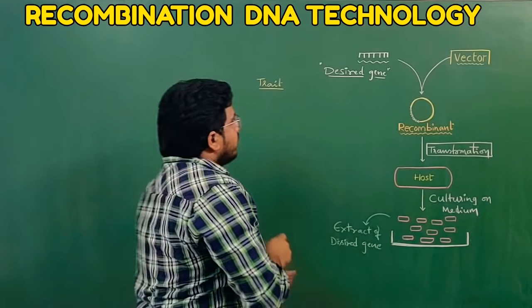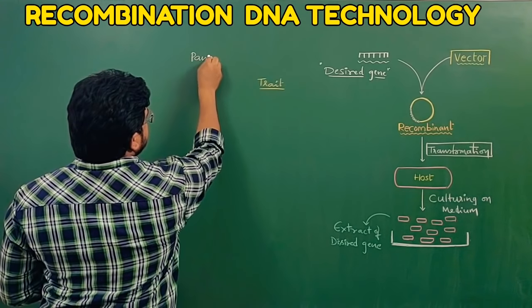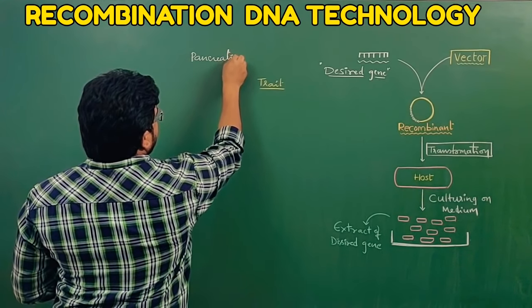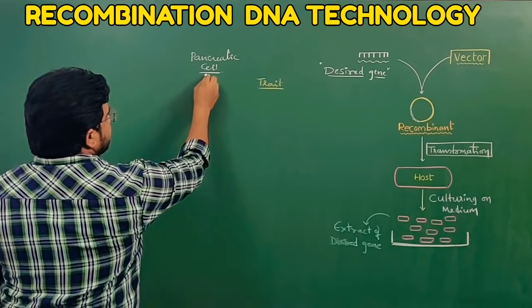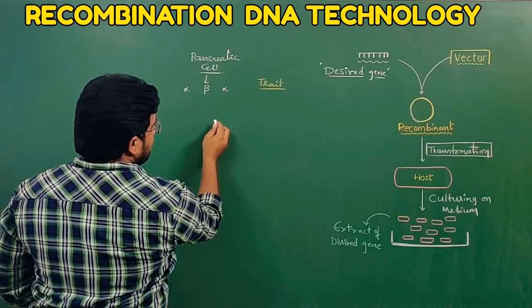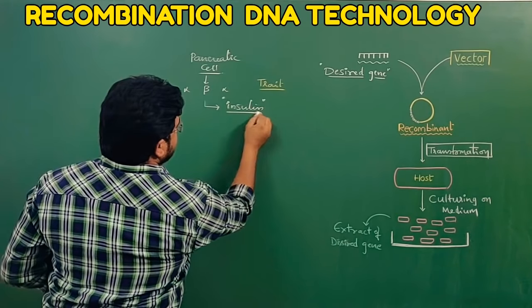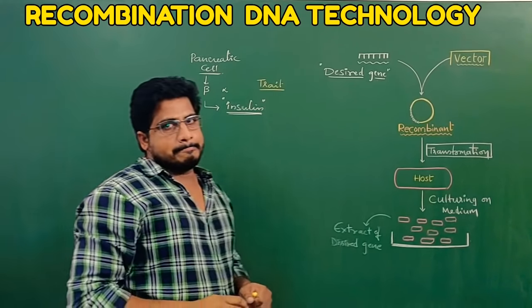So here the desired gene is extracted to make more amounts of the same replica. For that we are taking cells called pancreatic cells. Everyone knows that. That's why I am taking this very common example. Pancreatic cells, that are alpha, beta and gamma cells, are there. Beta cells are responsible for insulin, whereas alpha cells are responsible for glucagon.